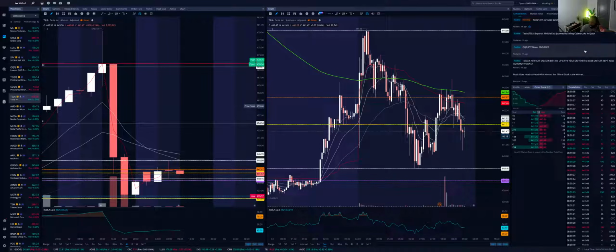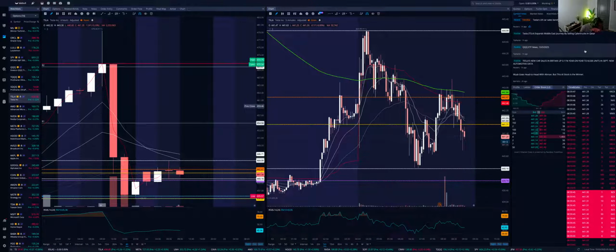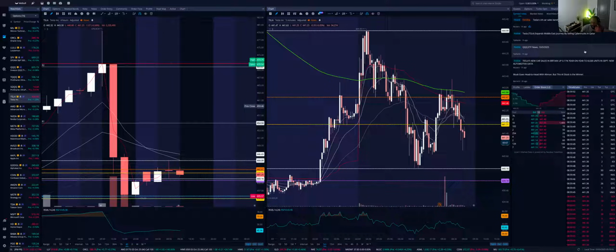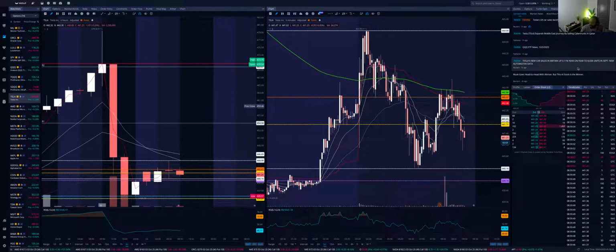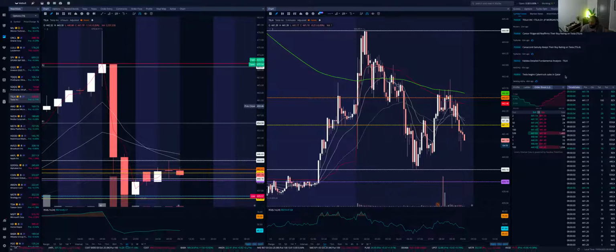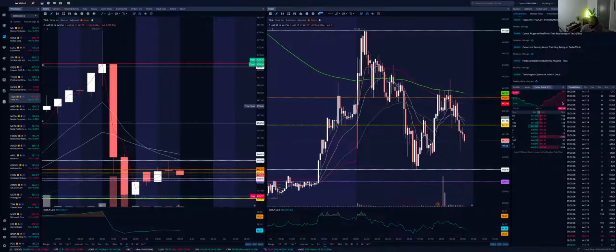I'm trying to see what else. Tesla new car sales, Musk goes head to head. But all right, so it's not major news. There's no major news besides some buy ratings and Tesla starting to work towards having some sales in Dubai.